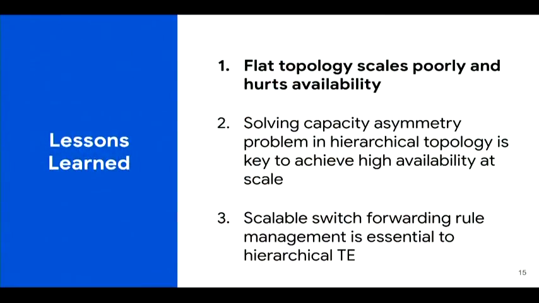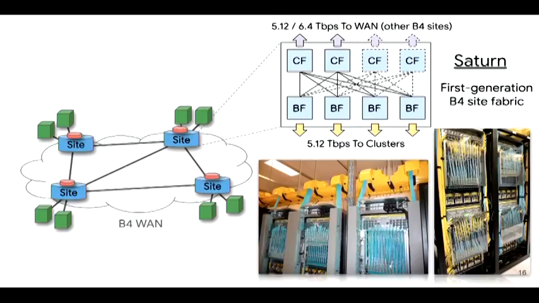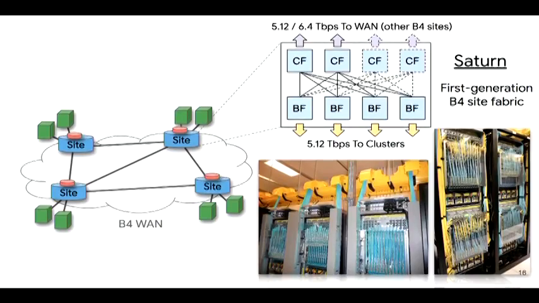Okay, and in the rest of this talk, I'm going to talk about 3 key lessons we learned from the evolution process, starting with the topology evolution. So this figure shows the first generation of the B4 site fabric, which we call Saturn, and it has 2 layers of chassis.